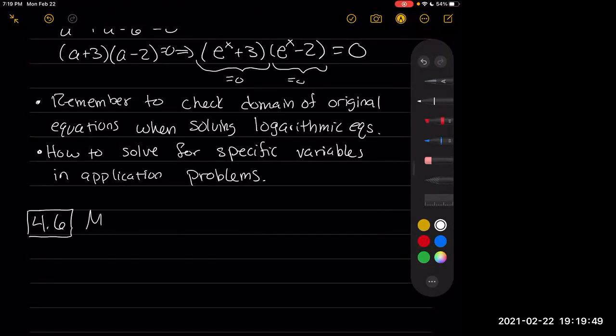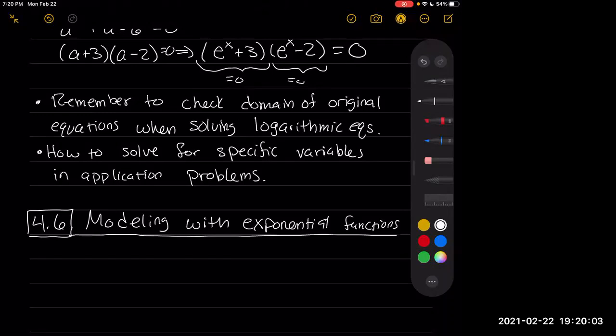And this is where we looked at modeling with exponential functions. So first we learned about doubling time, which was N of t equals N naught times 2 raised to the t over a.